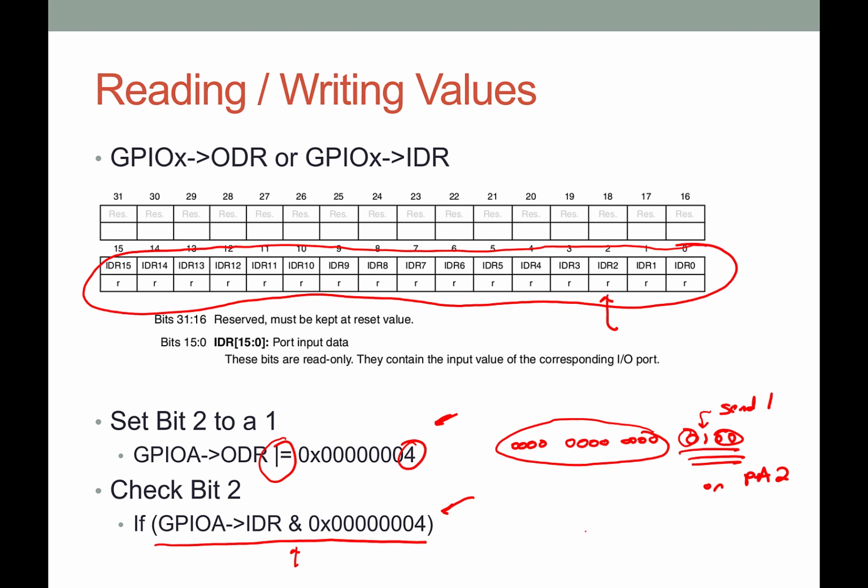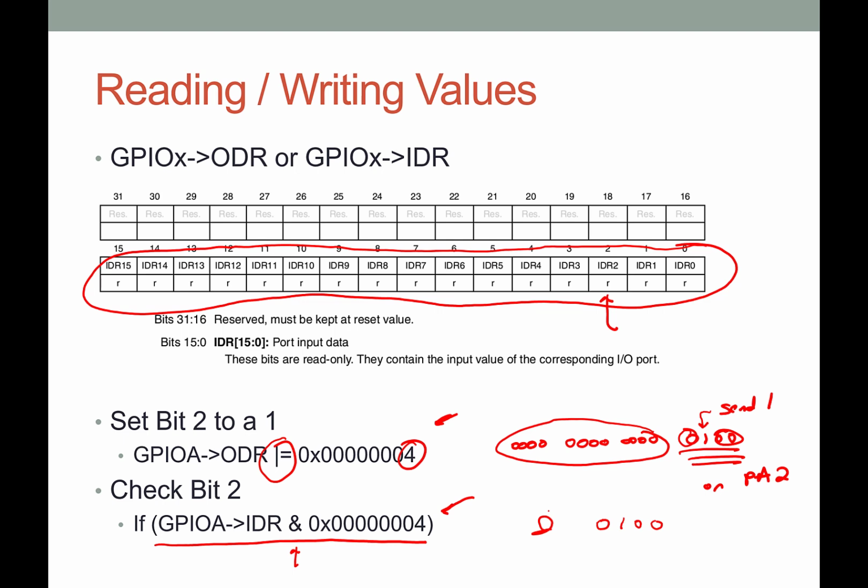And so what this is saying is, okay, what is 4? 4 is, again, 0, 1, 0, 0. And we're going to AND that with whatever we have in the input register.